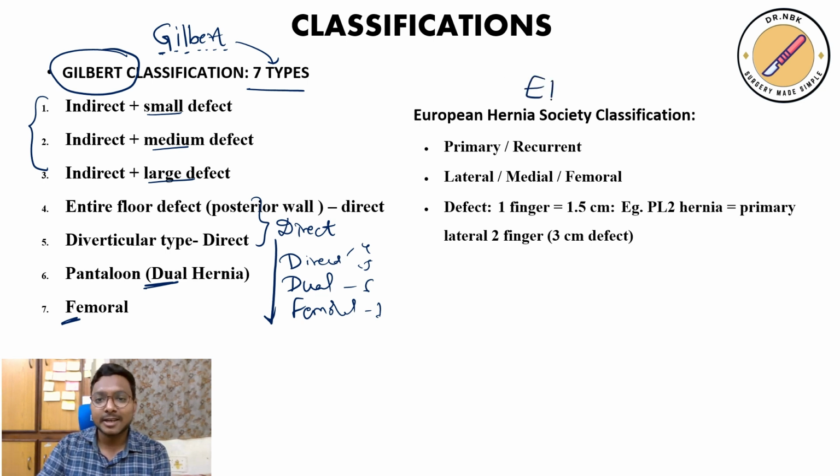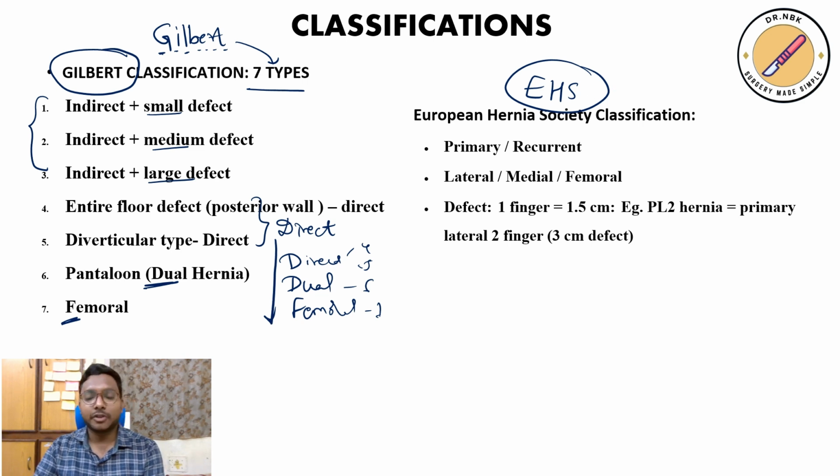Now coming to EHS classification, which is European Hernia Society. There are certain classifications. EHS classification for inguinal hernia, EHS classification for ventral hernia is different. So here they are mentioning whether it is primary or recurrent, and whether it is lateral or medial. It is nothing but, if it is a direct hernia, it is called medial hernia.